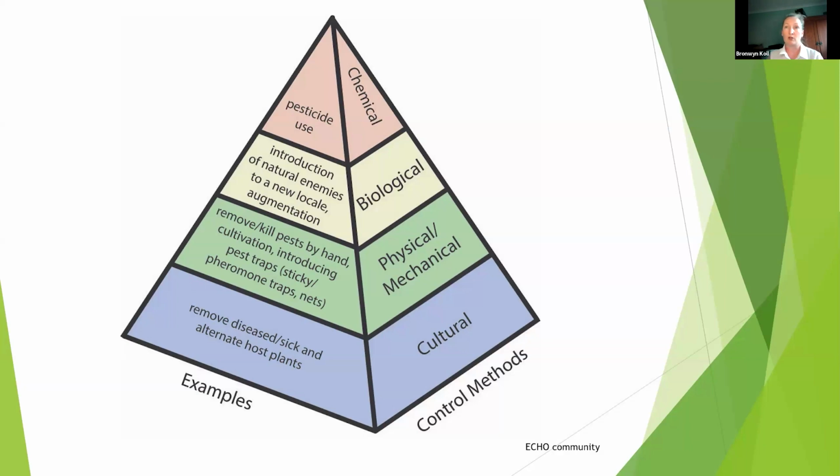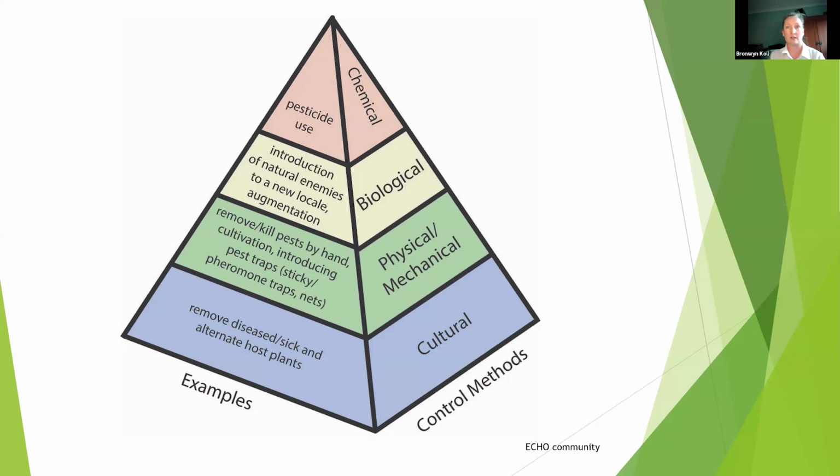We look at biological methods. So this is often using another animal or insect to help control the pest. And the very tip of this control is chemical. So chemicals still play a part in IPM. And this is why we need to consider how we're going to use all of these tools. We want to try and use the chemicals for the least amount.